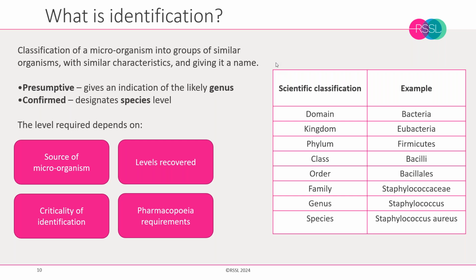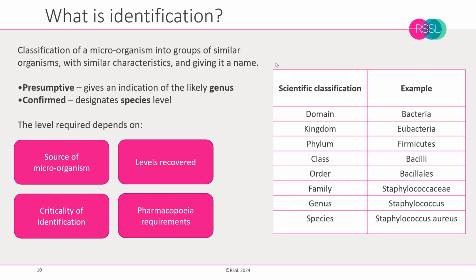Yeah. Okay, thank you. So in terms of what identification is, microbial identification can be defined as the process of microbial characterization through the utilization of a spectrum of pre-chosen tests. And we can then divide that into presumptive identification.